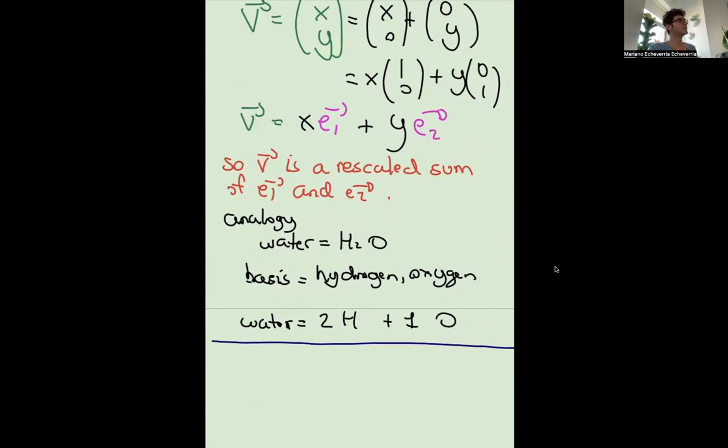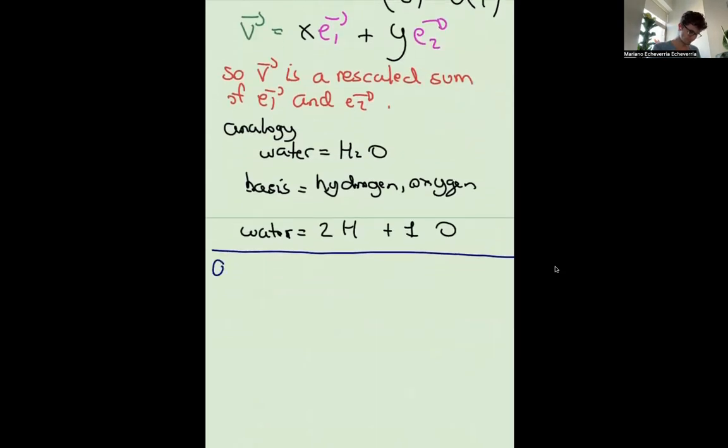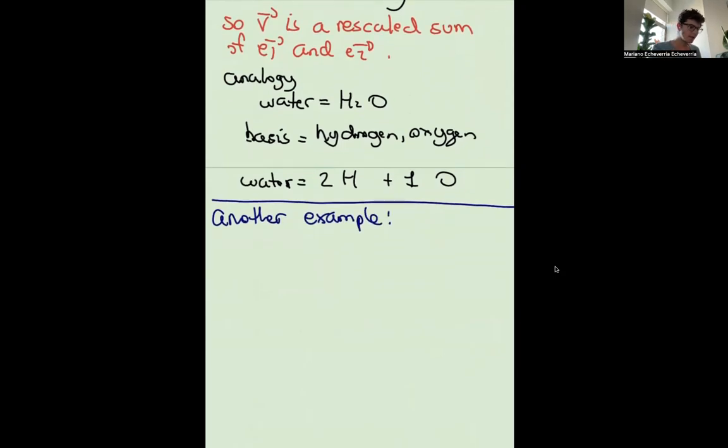Here's another example. I don't know if you remember that we had discussed this vector space a long time ago. It consisted of the vectors x, y, z, where x plus y plus z equals 0.